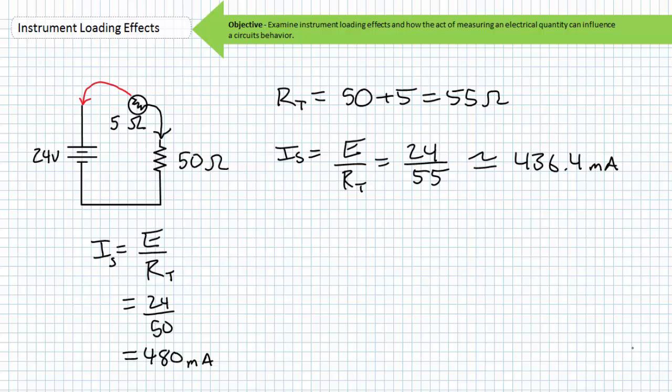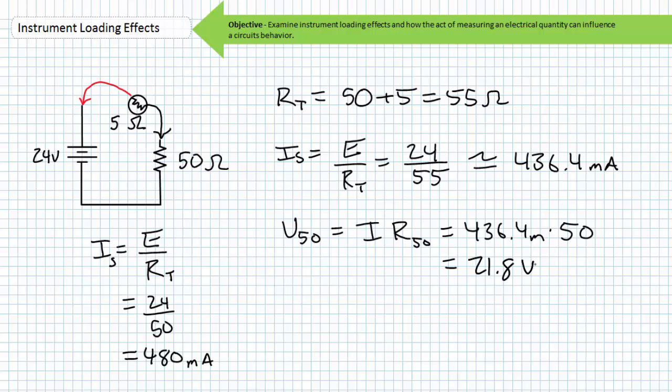When an ammeter with 5 ohms of internal resistance is used to measure the current through a 50 ohm resistor produced by a 24 volt source, Ohm's law states that the voltage drop across the 50 ohm resistor is only roughly 21.8 volts. The remaining 2.2 volts would be dropped across the 5 ohm ammeter in series. Again, providing additional proof the inclusion of a less than ideal ammeter in a circuit affects the circuit's performance.